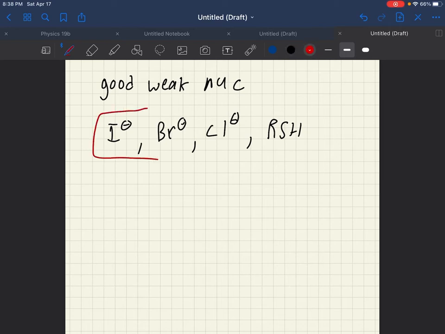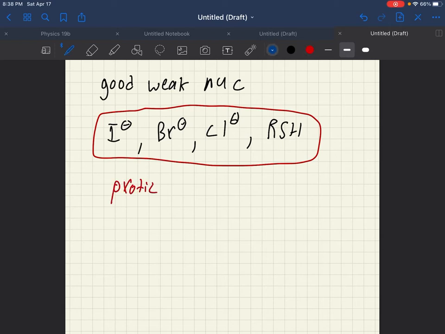When you're dealing with these on a secondary, it's going to come down to the solvent. If it's protic, it's going to go SN1. And if it's aprotic, it's going to go SN2.